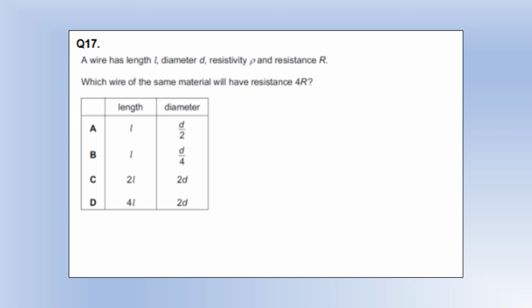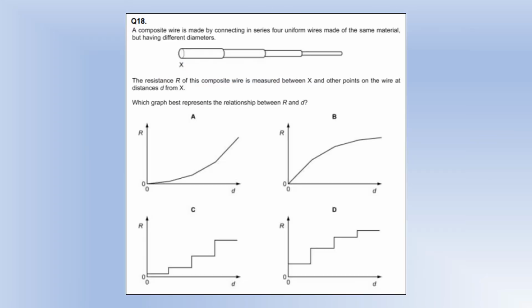If we look through our options, keeping the length the same, if we halve the diameter, that's going to quarter the area, which is going to multiply the resistance by 4. So the first option is correct. All of the others are going to produce different values. B would multiply it by 16. We've got our option anyway.